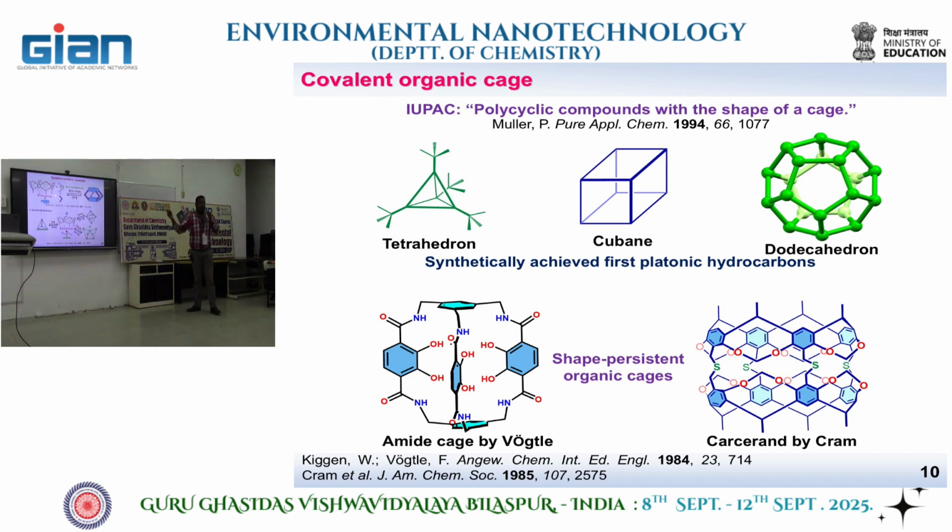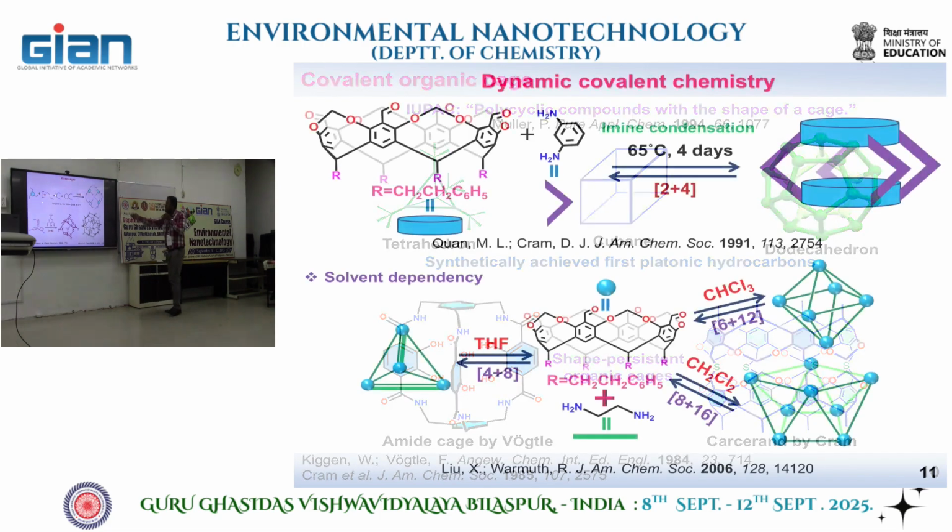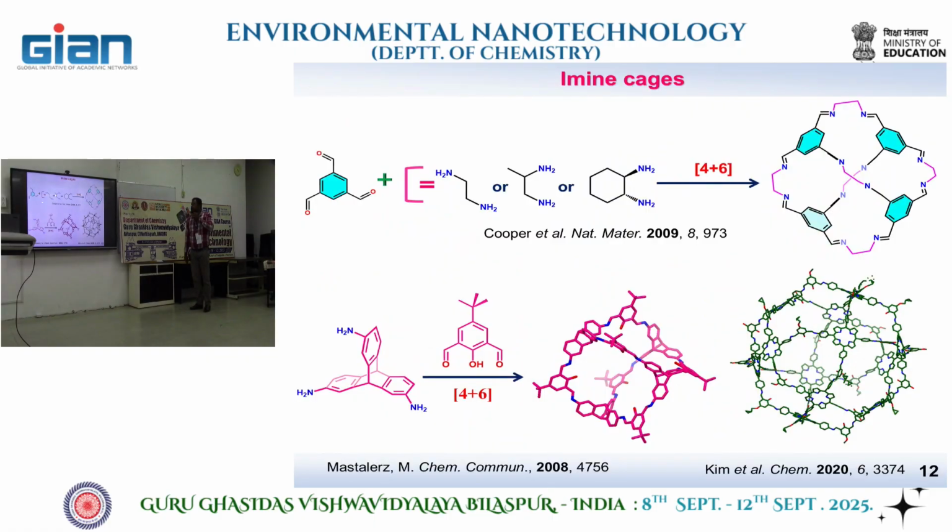One of the examples is imine condensation reactions. Imine bonds are very reversible, so if it gives something else, it can go back and again form your desired symmetrical structure. Okay, so these are some examples people have reported. For this structure, you can see it is a nanoball kind of structure.